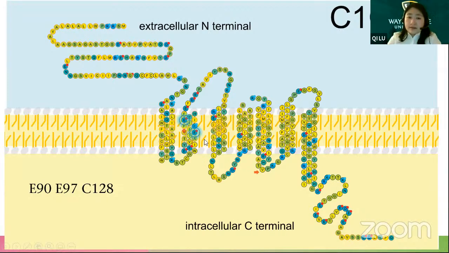It's believed that these three sites are very critical for the channel's ion selectivity, letting the cations efflux. And later we will see that modern genetic engineering that modifies those sites can totally change the characteristics of the channel.